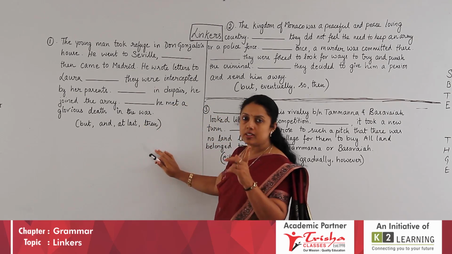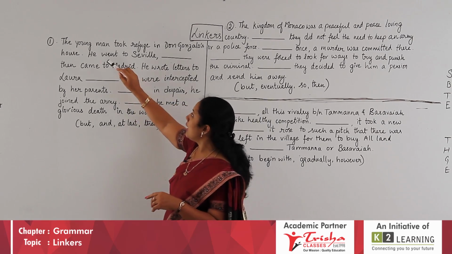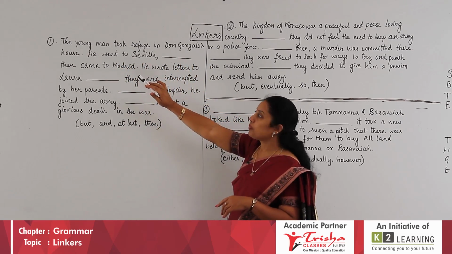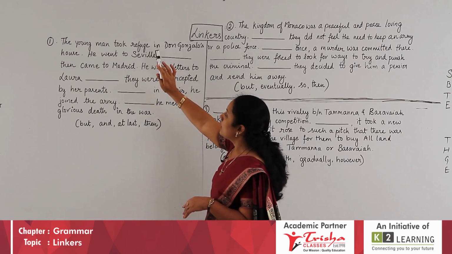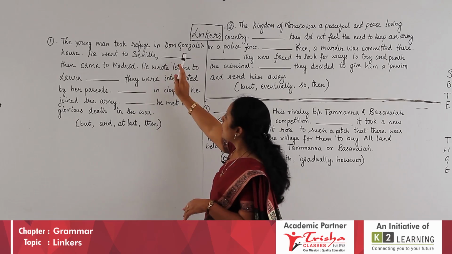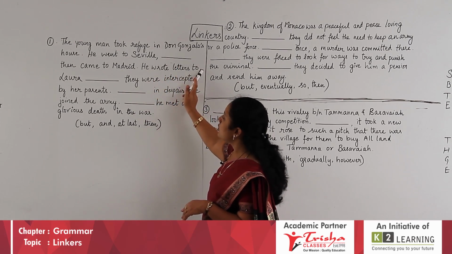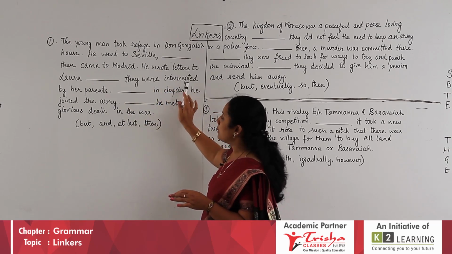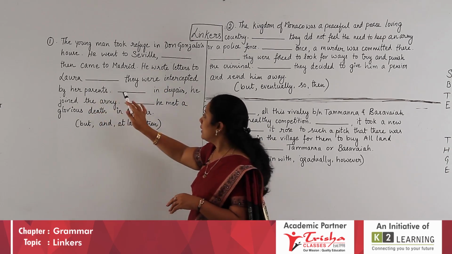We'll start with the first example. The young man took refuge in Don Gonzalo's house. He went to Seville, then came to Madrid. He wrote letters to Laura, they were intercepted by her parents.